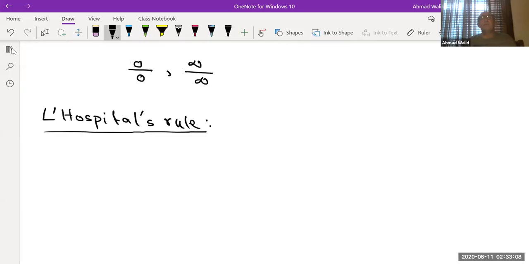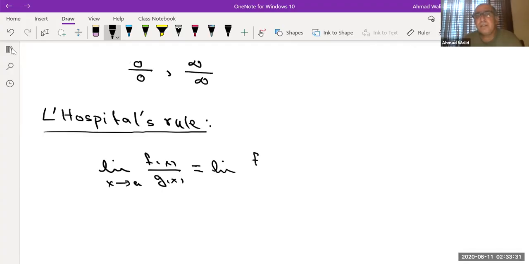What does L'Hopital's rule explain? L'Hopital's rule explains that the limit of f of x over g of x as x approaches a is always equal to the limit of the derivative of f of x over the derivative of g of x as x approaches a. What does it mean?